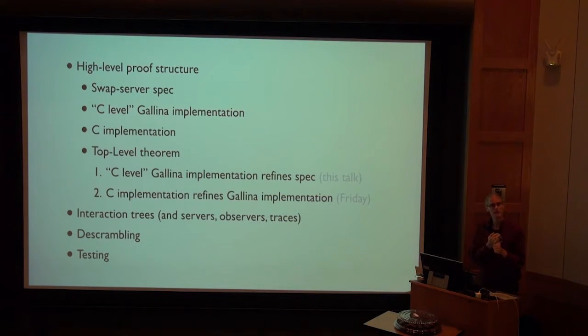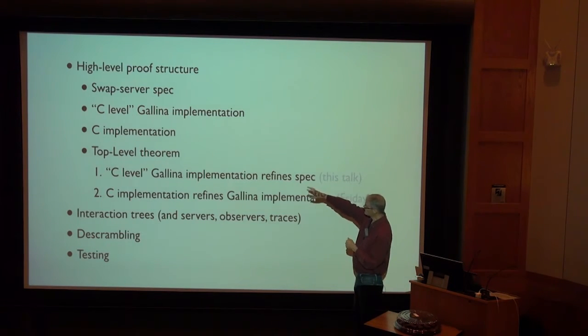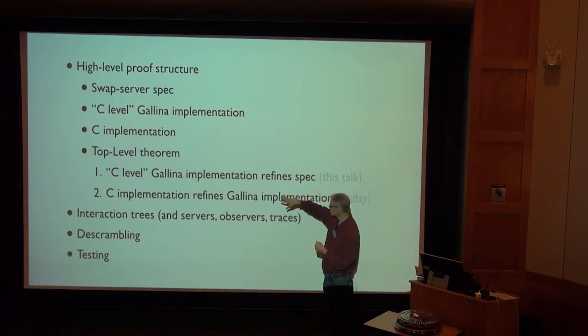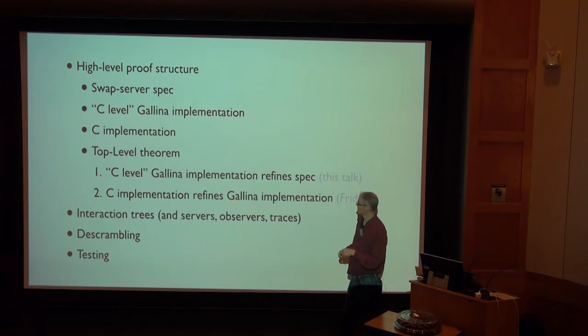And the top-level theorem has two parts. It says that the C-level Galena implementation refines the specification, and the C implementation refines the Galena implementation. So the Galena implementation itself is not really important. Indeed, the top-level theorem existentially quantifies over it. So the top-level theorem really says there's some intermediate representation that is refined by the C and that refines the top-level specification.